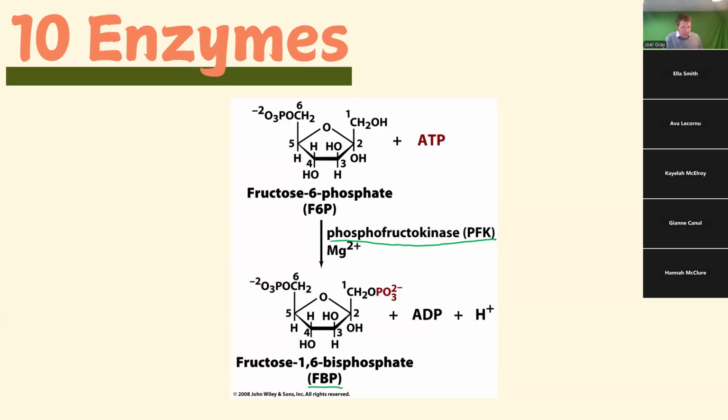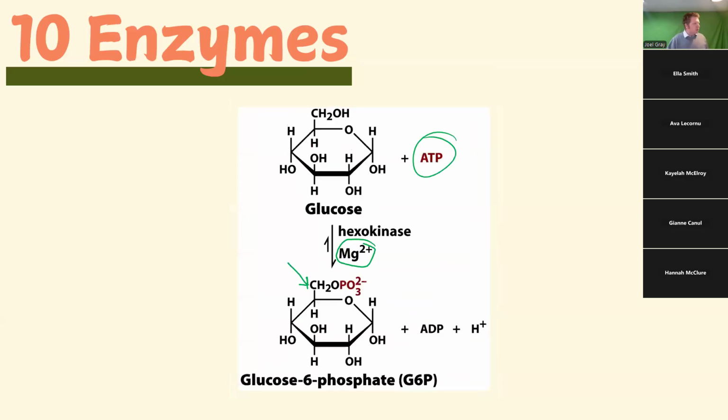Now, enzymes can catalyze reverse reactions, but you've got to think about it. This is a good example. Which way is favored? A, the production of G6P, or B, the production of glucose? Which reaction do you think is favored? Absolutely.